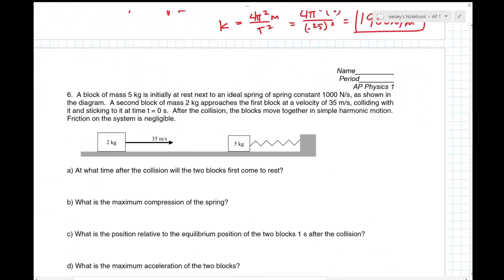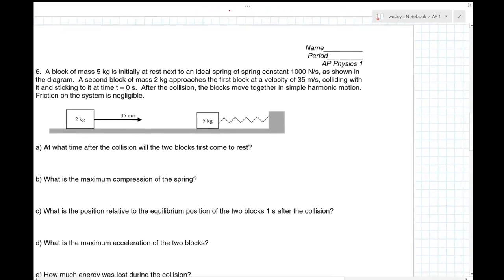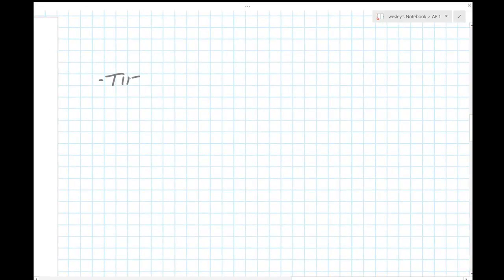Okay, number 6. This is where things get fun. Now, we have a collision, and we have a collision happening at a very specific place. So that's going to mean some specific things. One thing that means is that the blocks will hit and stick together.